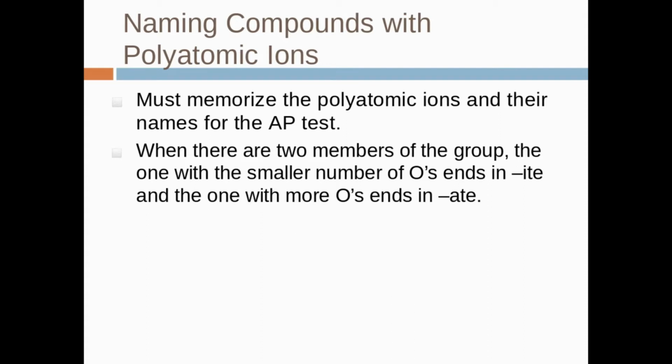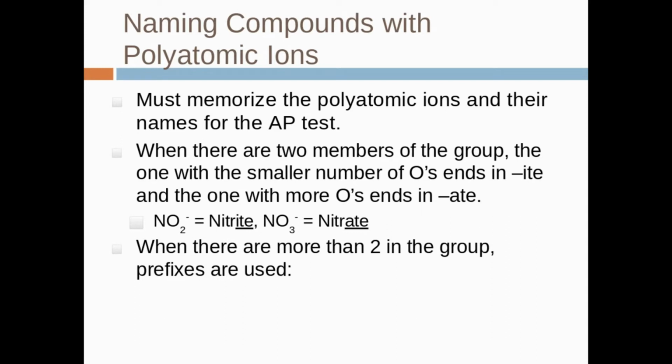If there's a group of polyatomic ions like that where they have similar names and similar formulas, you can know that the one with the smaller number of oxygens will end in ITE, and the one with the larger number of oxygens will end in ATE. So nitrate, ATE, has 3 oxygens, while nitrite, ITE, only has 2. And there's the example there.